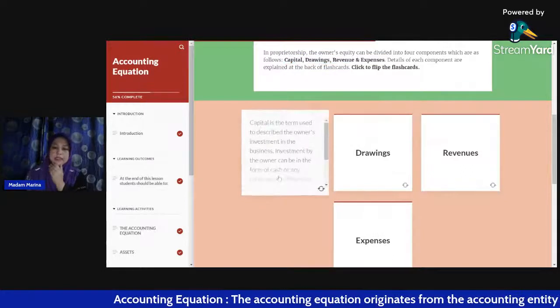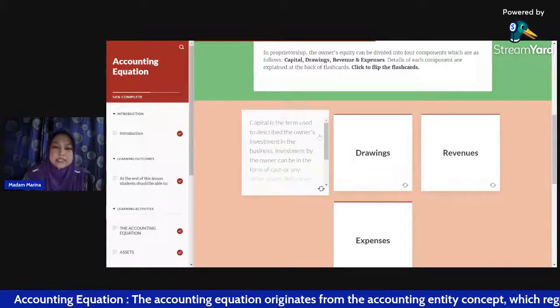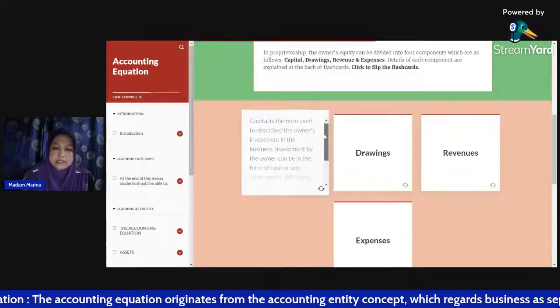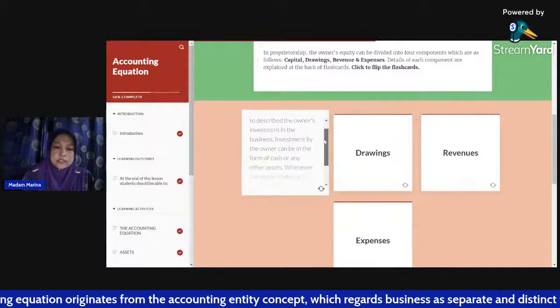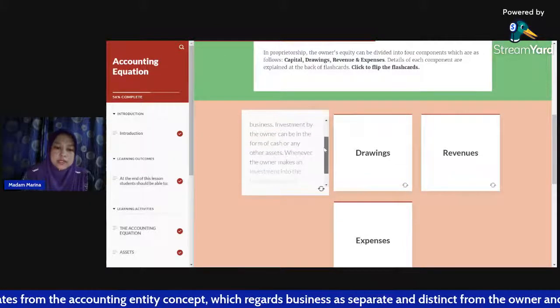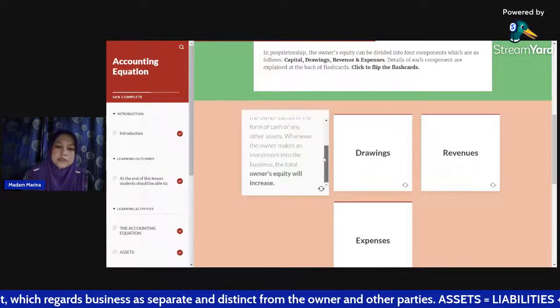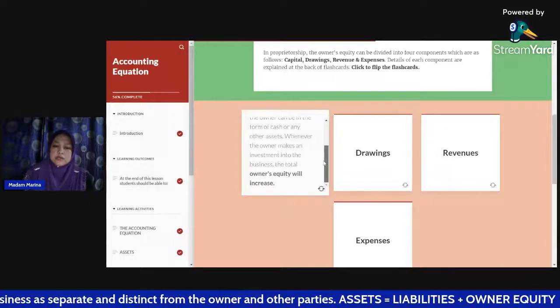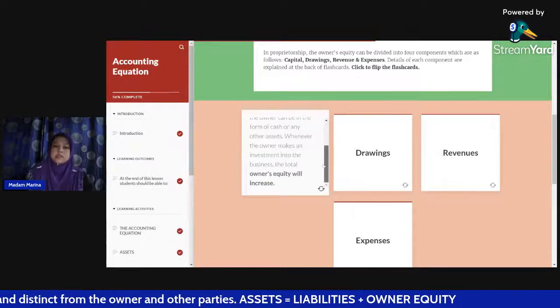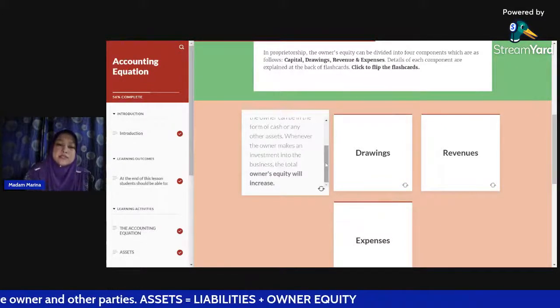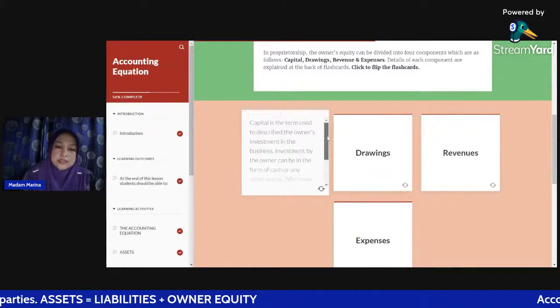How about capital? Capital is the term used to describe the owner's investment in the business. Investment by the owner can be in the form of cash or any other asset. Whenever the owner makes an investment into the business, the total owner equity will be increased. So what is capital?